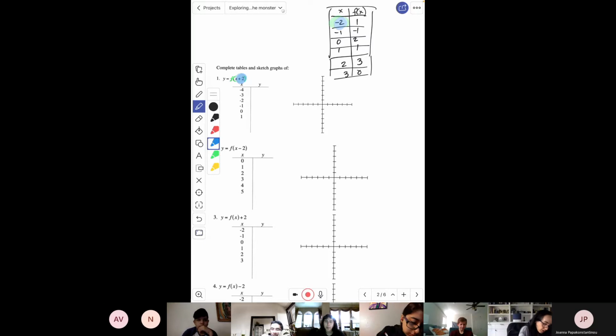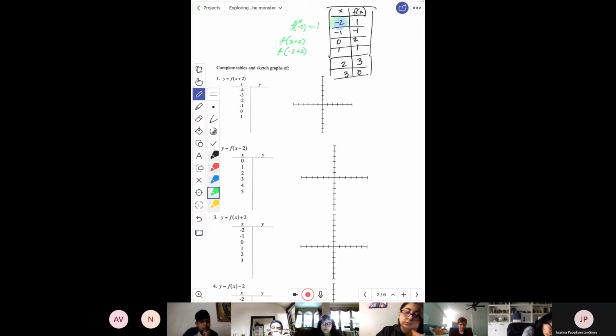Just for kicks, let's see if we understand this notation. So again, let me review. I know that f evaluated at -2 is 1, right? This is my x. What if I'm looking at f of x plus 2? Well, my original x was -2.